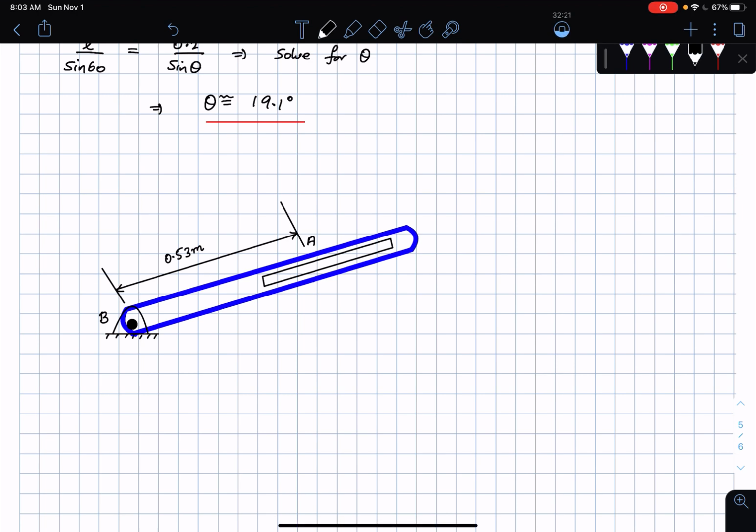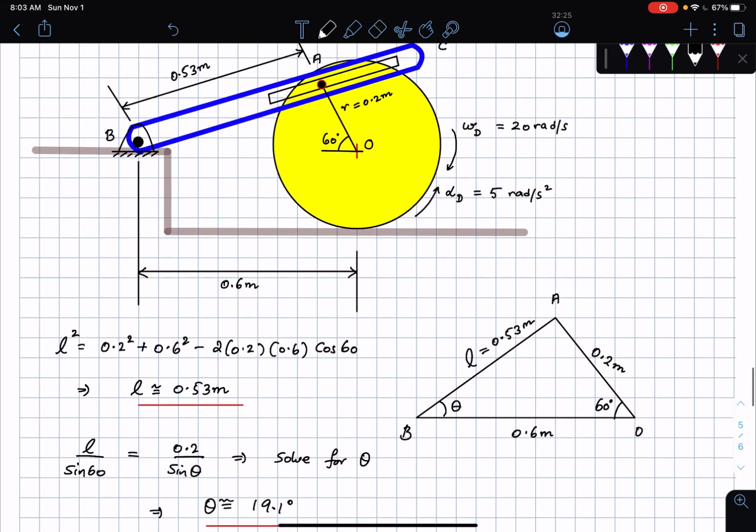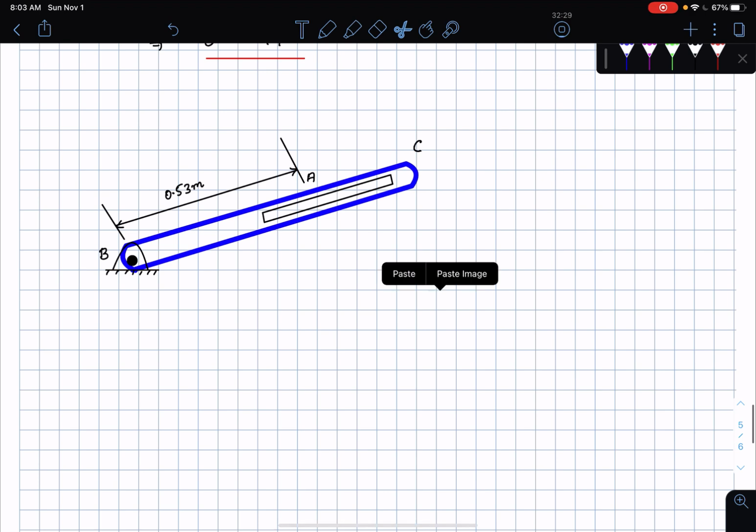So that's the bar BC, and then the peg at A. I'm going to grab that peg as well, copy that, paste it and bring that down there. All right, so beautiful. This is how the situation is set up. The length is 0.53. The angle made with respect to the horizontal is known to me now.